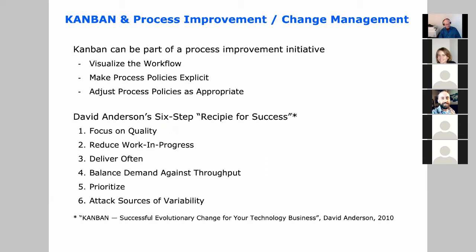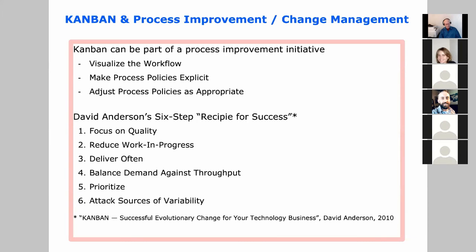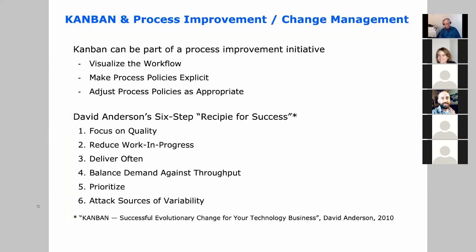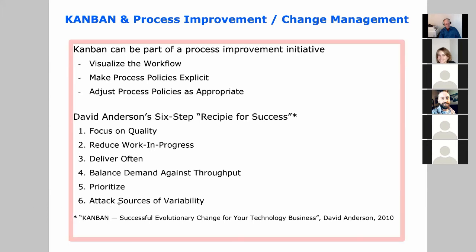We need to find the root cause and attack that first and resolve that. So both types of variability, common cause and special cause, we need to work towards reducing it. And the special cause comes first.